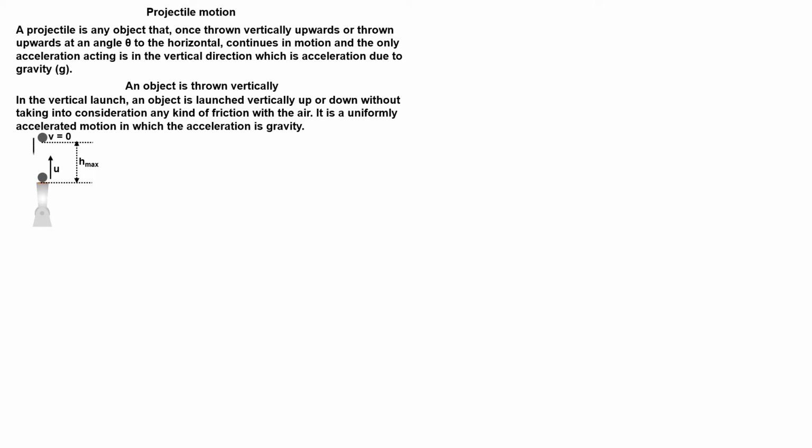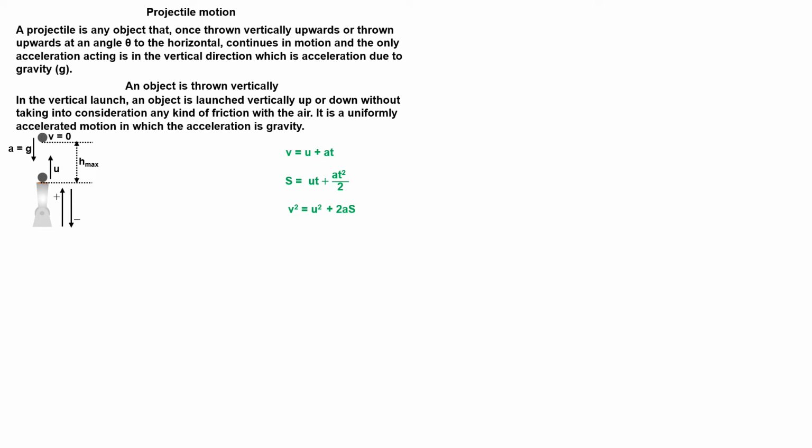It is important to use a sign convention here. We will take upwards as positive and downwards as negative. So the ball's initial velocity is positive, but its acceleration g is negative. The equations of rectilinear motion can be applied to any motion in a straight line with constant acceleration.